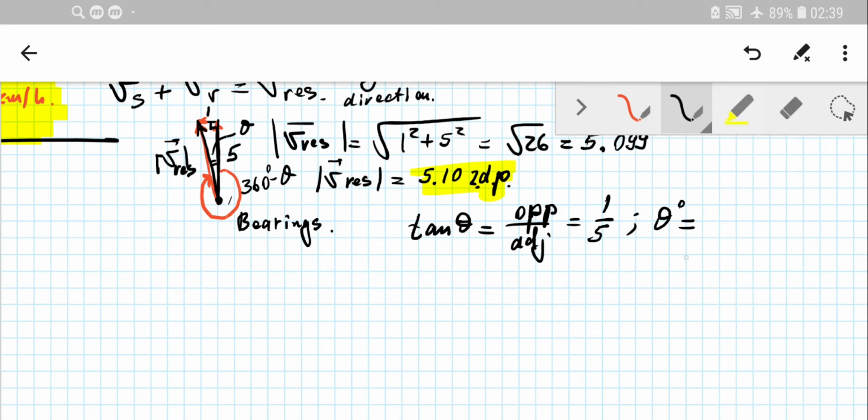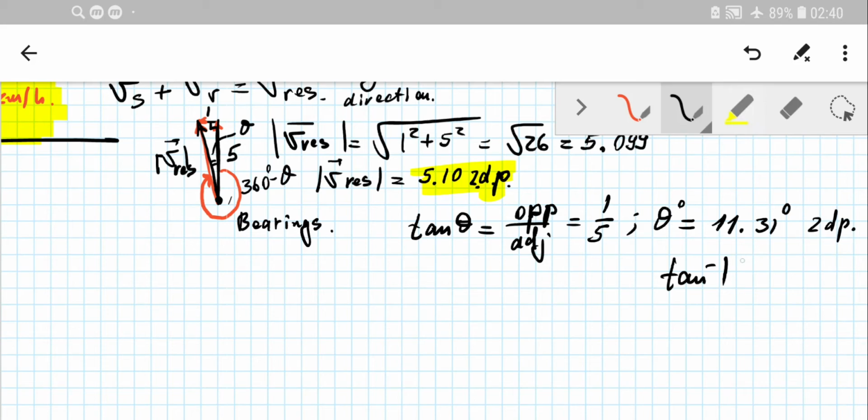So first of all, let's try to find theta itself in degrees. We use tan inverse, as you remember from trigonometry. So tan inverse of 1 over 5, or 0.2 as a decimal. It's in the second row if you're using smartphone calculators. So it's going to be 11.31 degrees to 2 decimal places.